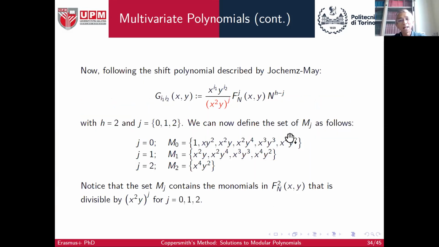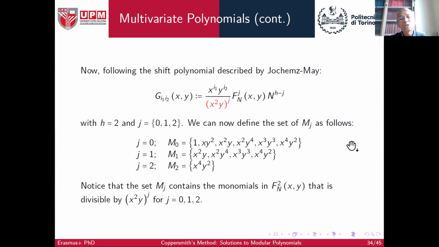Before building that, I follow the shift polynomial described by Joachim May. I would also like to draw your attention to the red highlighted part here, because this will be our guideline in collecting and sorting the set of M_j. Now with h equal to 2, our j can take the value of 0, 1, and 2, and we can now firstly define the set of M_j as follows.